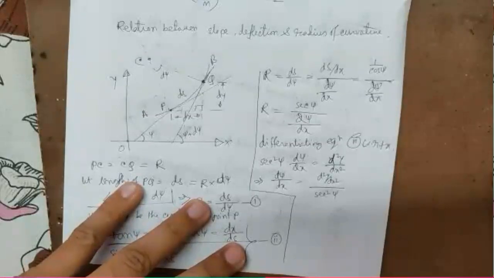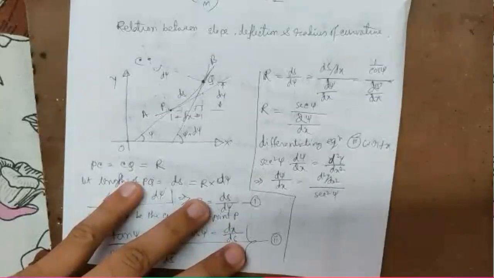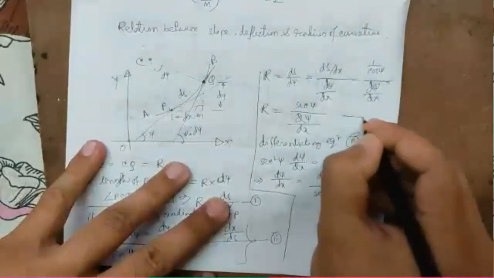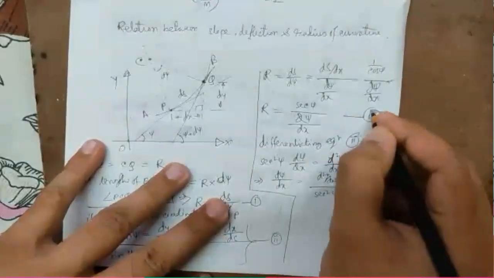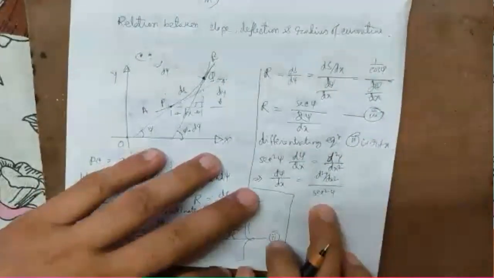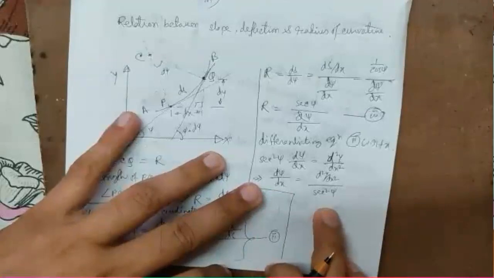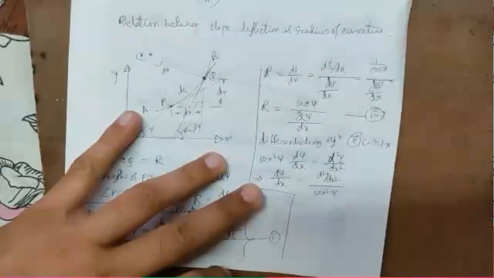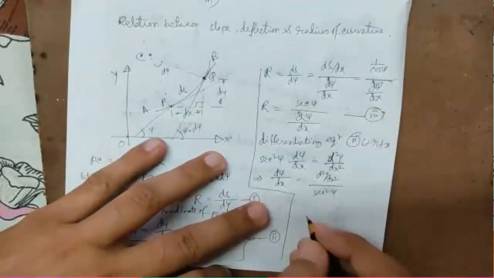Earlier we have found R is equal to sec psi divided by d psi by dx. Let it be equation 3. And now we replace this value of d psi by dx in here. So substituting, let it be in the next page.